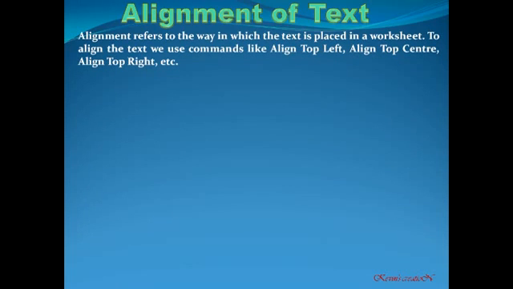Alignment of text. This is very useful. Everywhere we use it. It refers to the way in which the text is placed in the worksheet or in a table. To align the text, we use commands like align top left, align top center, align top right, etc. There are 9 commands for this.